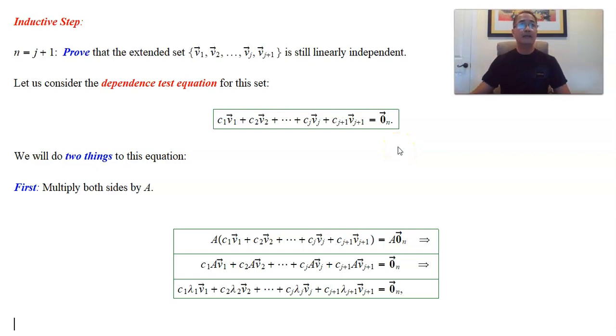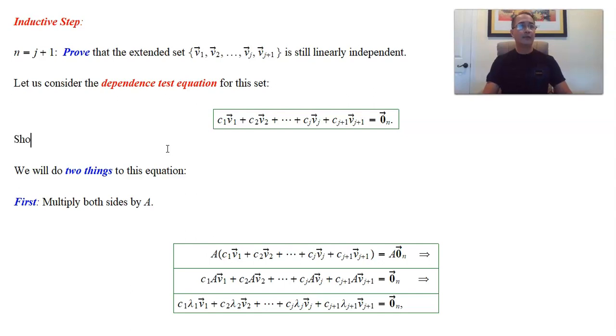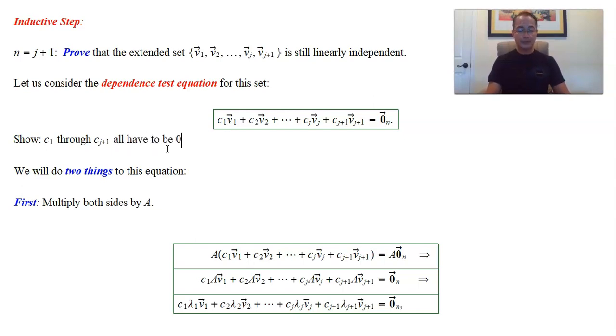We have to prove that all the coefficients c1 through c_{j+1} have to be 0. So maybe we should write that down. Show that c1 through c_{j+1} all have to be 0. That's our goal.